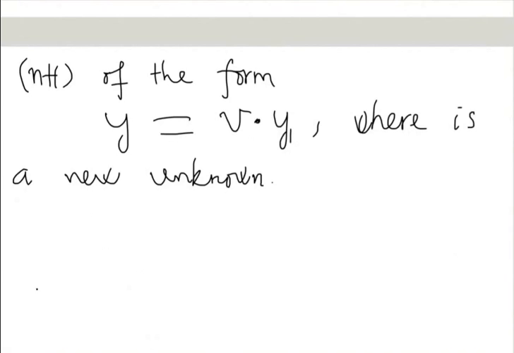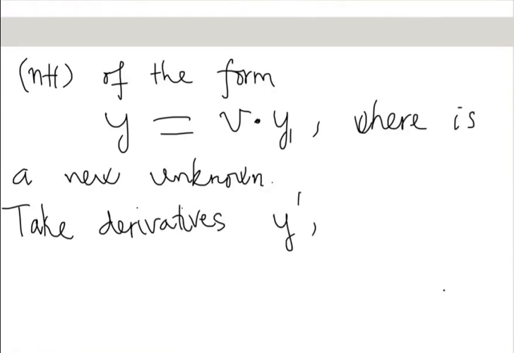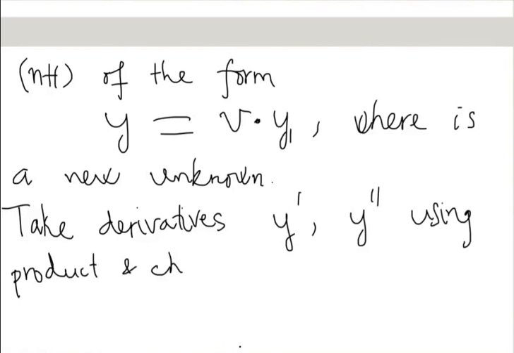So how to find v? Well, the next step is to take derivatives, because the equation involves two derivatives. We need to take the derivatives y' and y'' using the product and possibly chain rules.